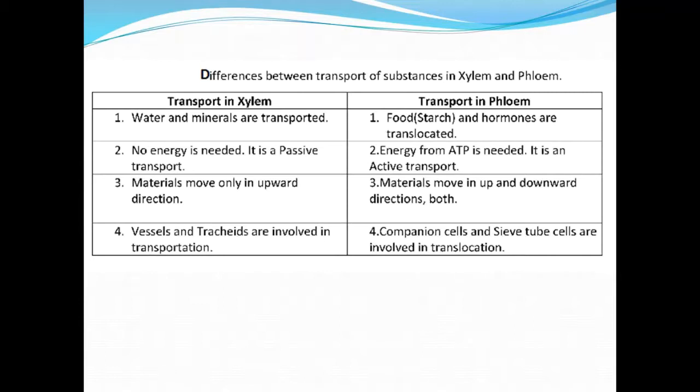In fact, a continuous water column flows from the xylem of the roots, xylem of the stem, and finally to the xylem of the leaves.